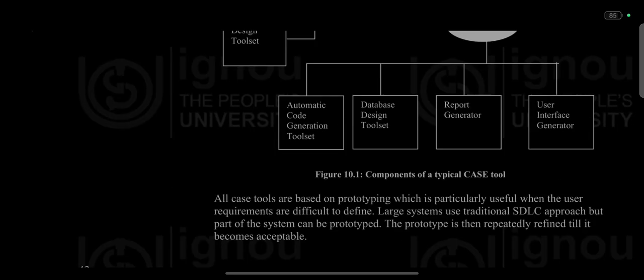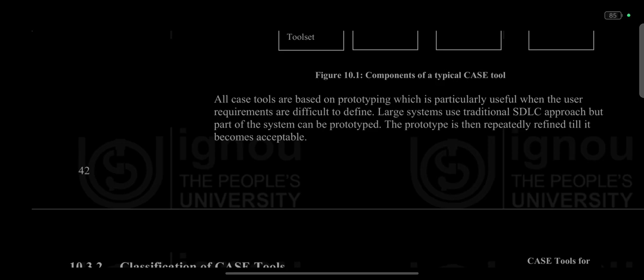All CASE tools are based on prototyping, which is particularly useful when the user requirements are difficult to define. Large systems use the traditional SDLC approach, but part of the system can be prototyped. The prototype is then repeatedly refined till it becomes acceptable.